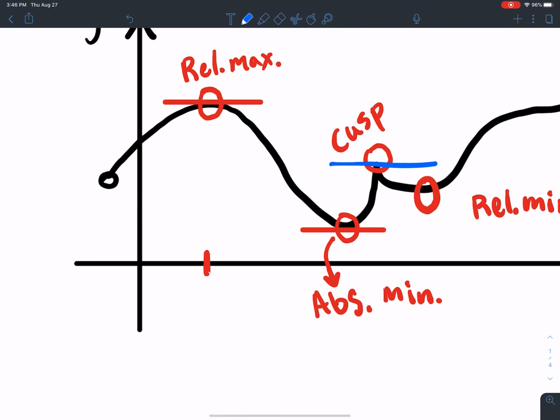I mean, is the slope 0? Is the slope positive? Heck, is the slope negative? We just don't know what the slope is, do we? Okay? This cusp here, the slope is undefined at this particular point. Maybe it's a positive slope on this side, but it's a negative slope on this side.